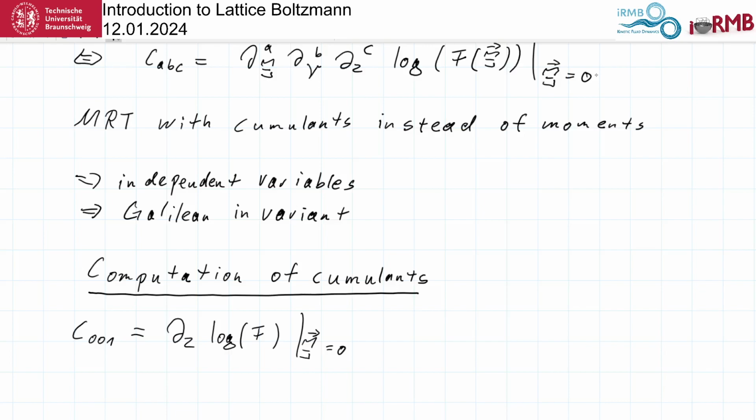Now, instead of doing this directly, what we can do is apply the chain rule on the logarithm of f, and f is a function of zeta. Applying the chain rule will give us a 1 over f that comes from the logarithm times the derivative of f, all still evaluated at c equal to 0.